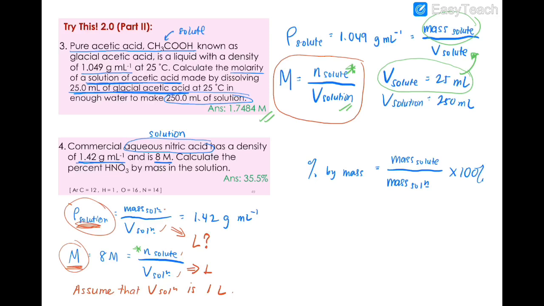And kalau masukkan dalam density pula, kamu boleh figure out mass of solution. So mass solution bolehlah masuk dalam percentage by mass punya formula. Tapi mol of solute pula, kamu boleh convertkan dia jadi mass of solute. How? Trylah cari sendiri. So once dah jumpa mass of solute, boleh masukkan dalam formula of percentage by mass. So you will get the answer later on.